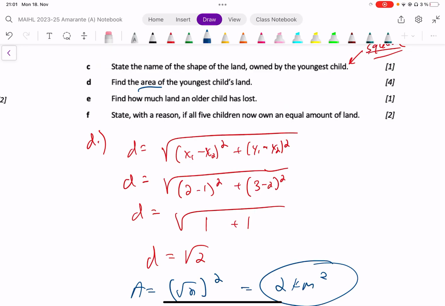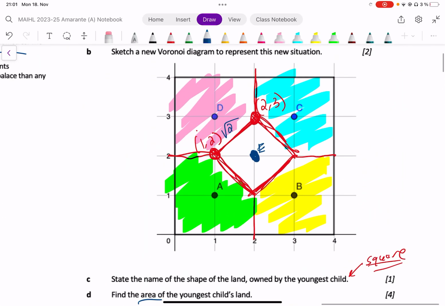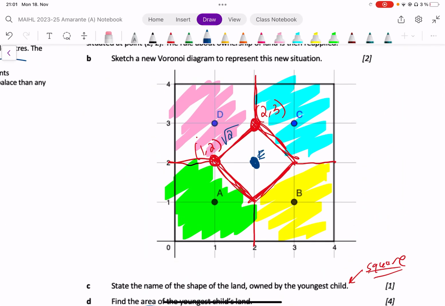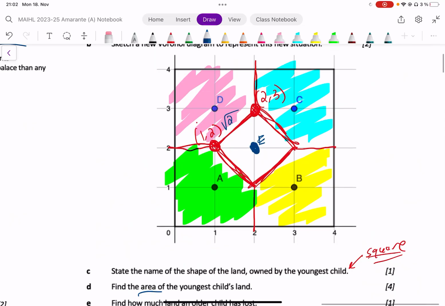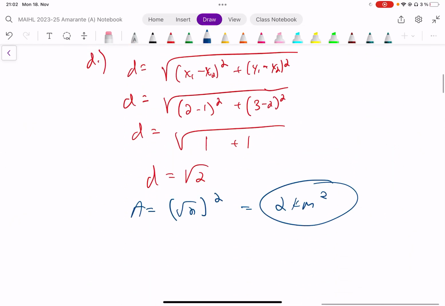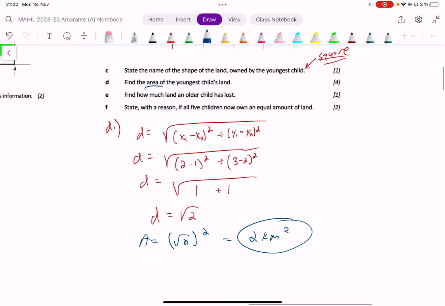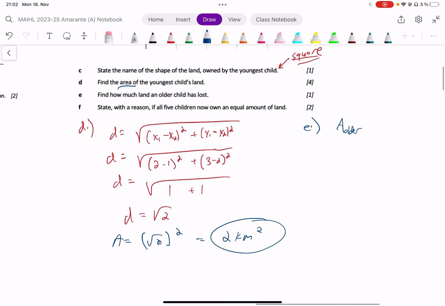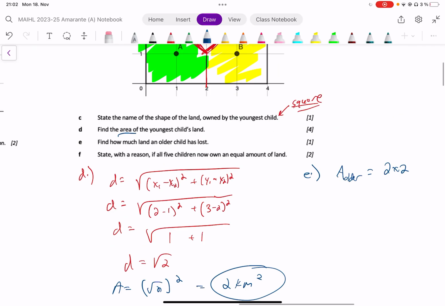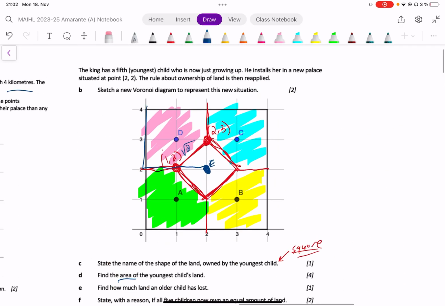So it says find out how much land an older child owns. So basically, like the pink section or the blue section or the yellow or the green, those are all the older children. For E, the area of an older child is 2 times 2, like that creates this.